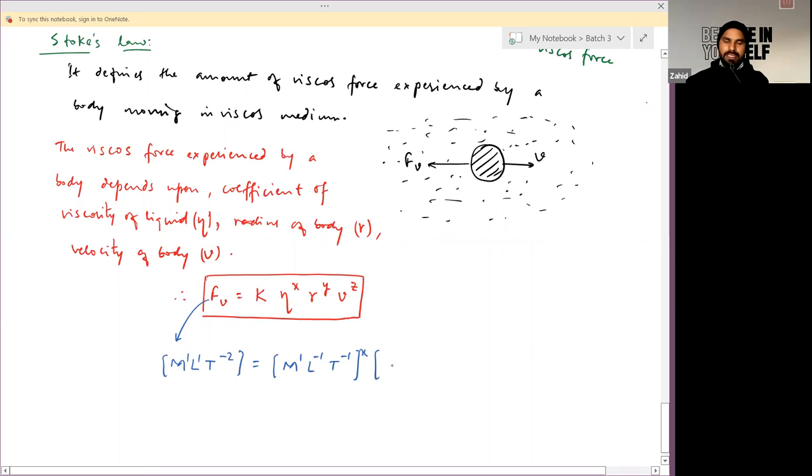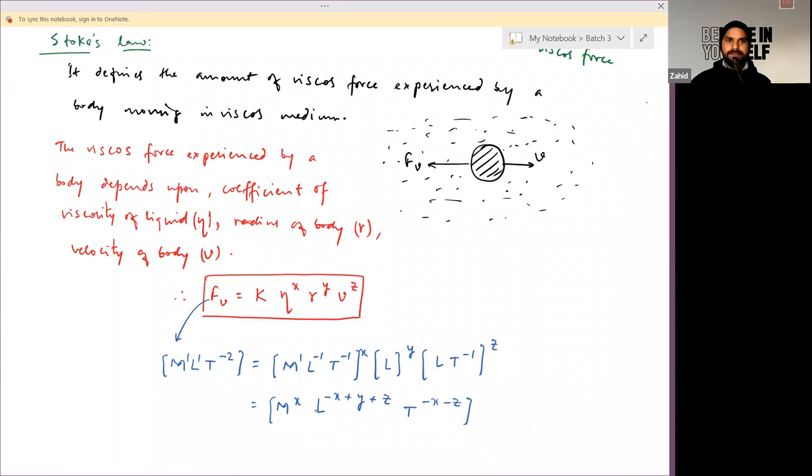R being length, it will be L to the power y, velocity L T minus 1 to the power z. Rearrange it, you will get M to the power x, L to the power minus x plus y plus z, and T raised to minus x minus z. Now just compare the exponent of each term on either side to find the values of x, y, and z. Try to find and send me your answer.